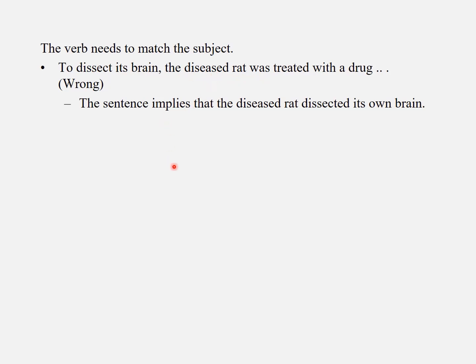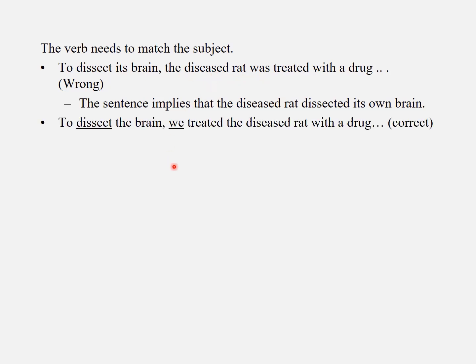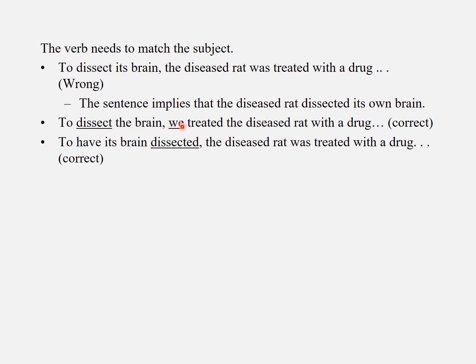So how do you correct it? To dissect the brain, we treated the diseased rat with a drug. This is a correct sentence because we dissect the brain. We dissected the rat brain. So this is correct. Now this verb matches that subject.